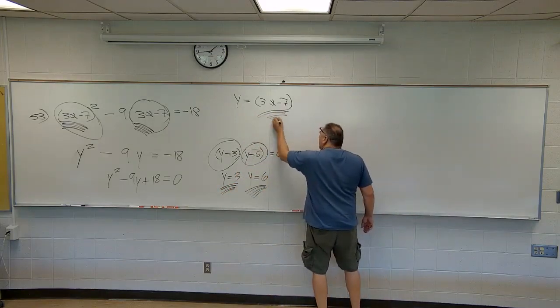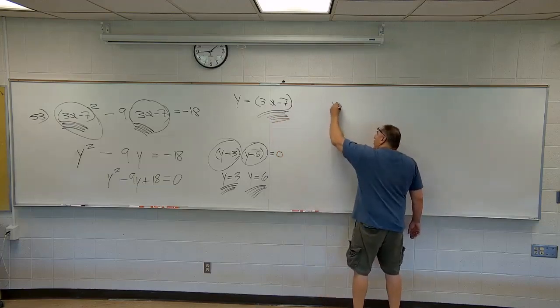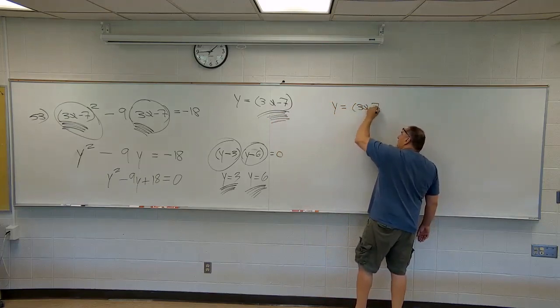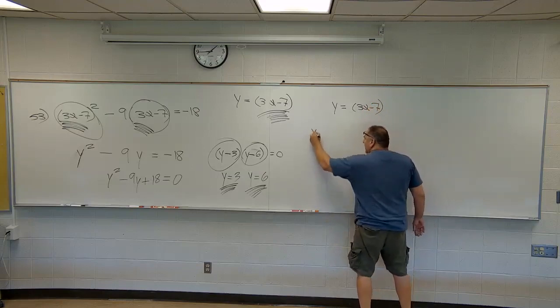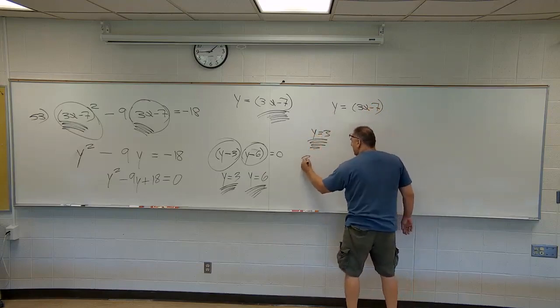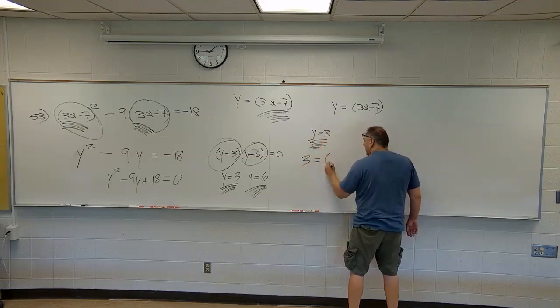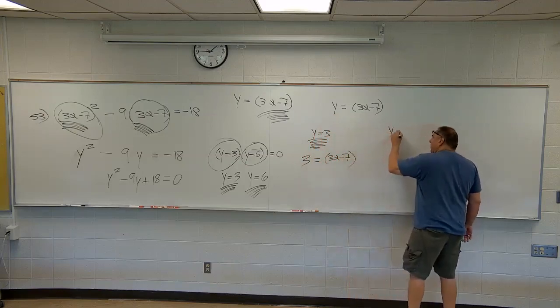Ladies and gentlemen, remember this? y equals 3x minus 7. Let's put y equals 3 right here, and let's put y equals 6.